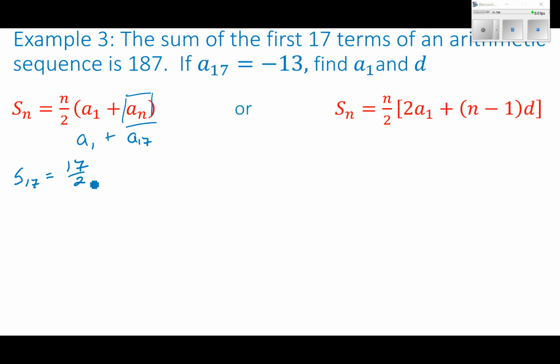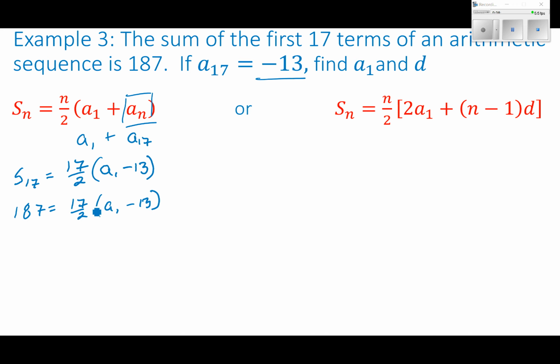So this is 17 over 2 times a sub 1, which I don't know, plus a sub 17, well, that's plus a negative 13. So if I work this out, S sub 17 I know is 187, equals 17 over 2 times a sub 1 minus 13.